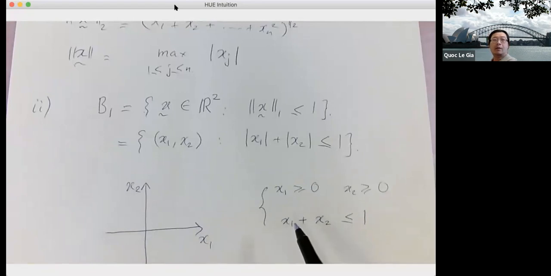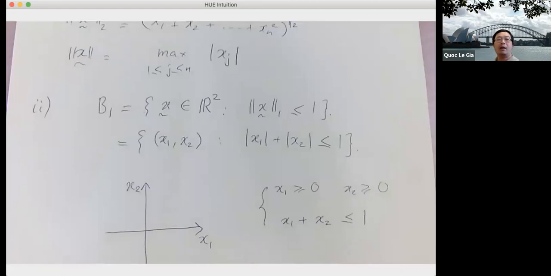Actually, because you have x1 plus x2 equal to 1, x2 should equal minus x1 plus 1.